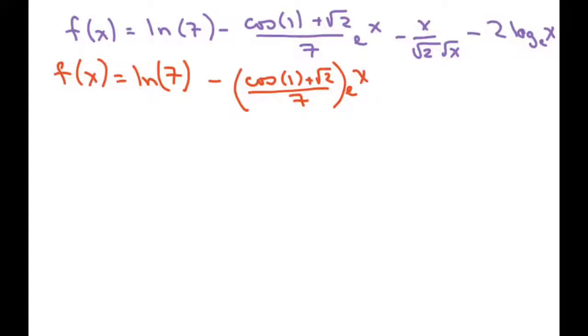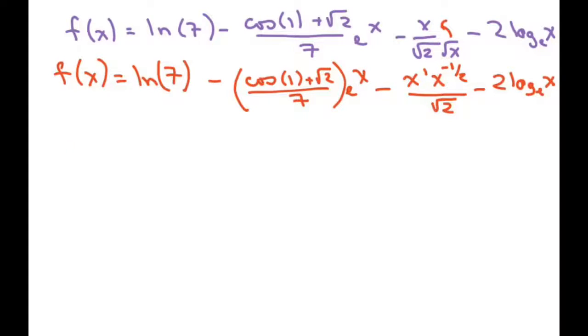Now this piece here, what I'm going to do is move the x up here. So this will be minus x to the first power times x to the negative 1/2 over square root of 2. And treat this as a constant, minus 2 log base e of x.